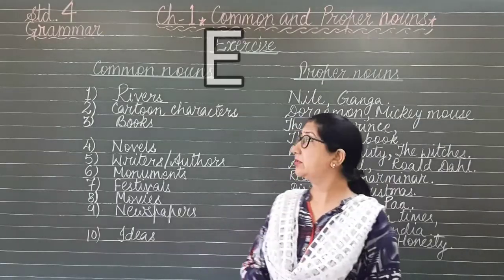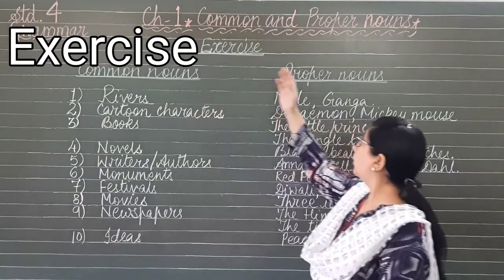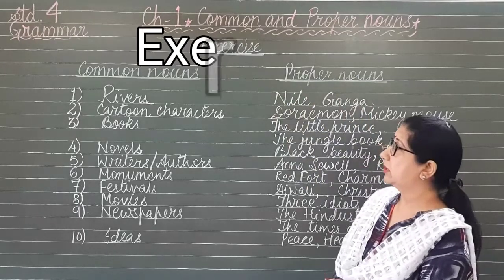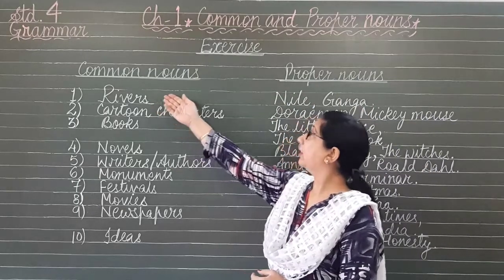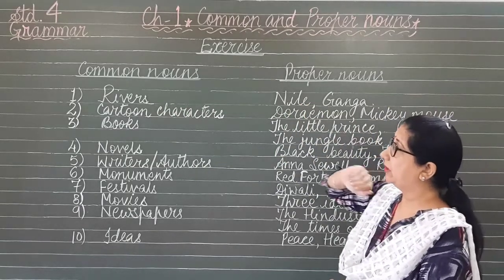Now let's see one exercise in which on one side we have written common nouns and on the other side the proper nouns for such common nouns. See, for example, rivers may be Nile, Ganga, and many more names can be there.